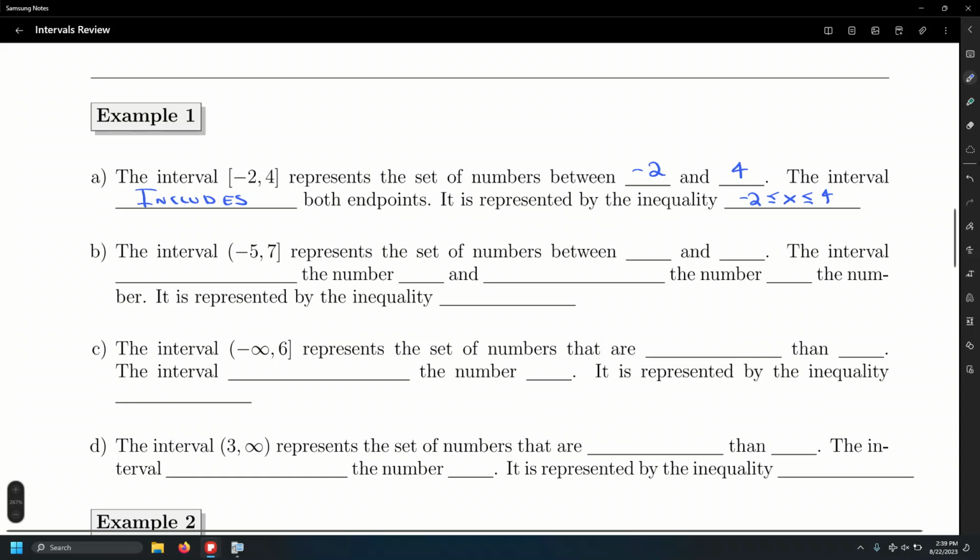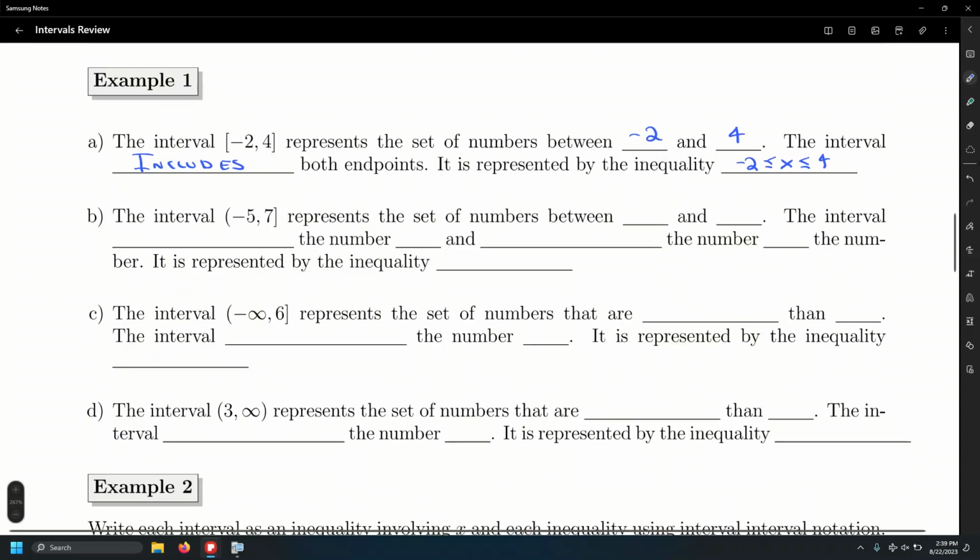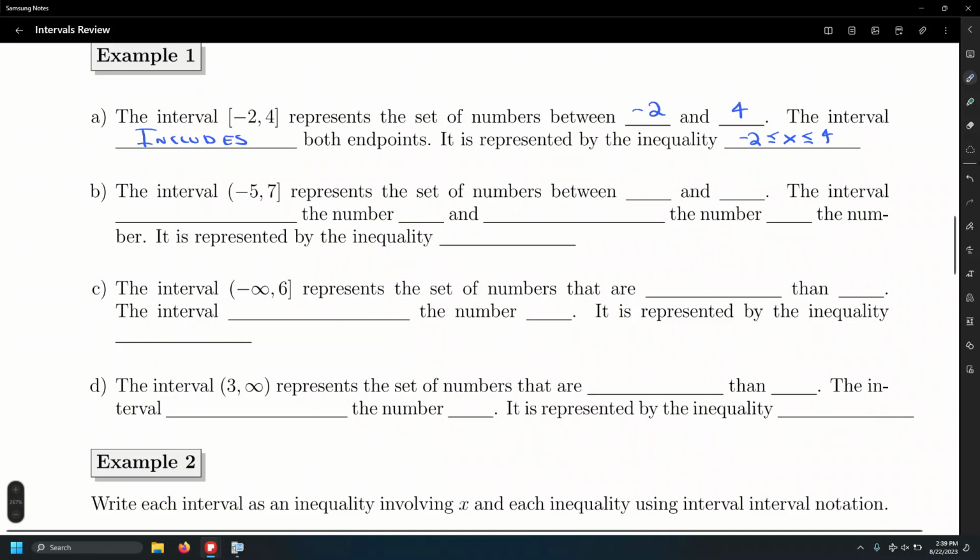What about letter B? The interval (-5, 7] represents the set of numbers between -5, we list the lower endpoint first, and 7. Now, here is the thing.